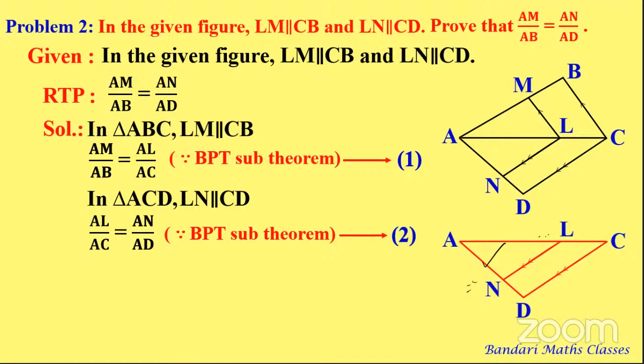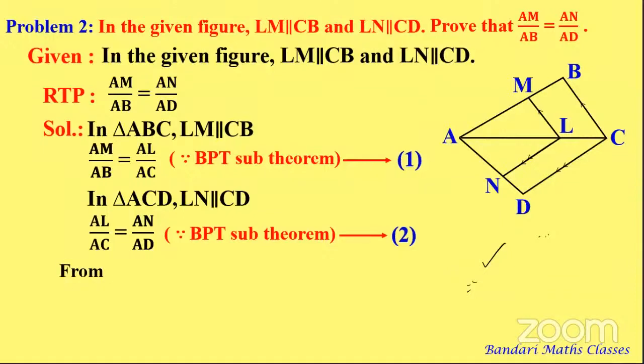A is equal to B, B is equal to C, then A is equal to C. Transitive property. From 1 and 2, AM by AB is equal to AN by AD.